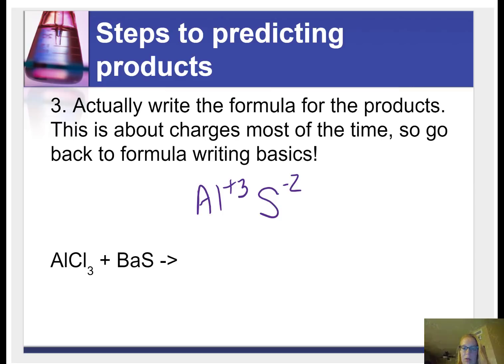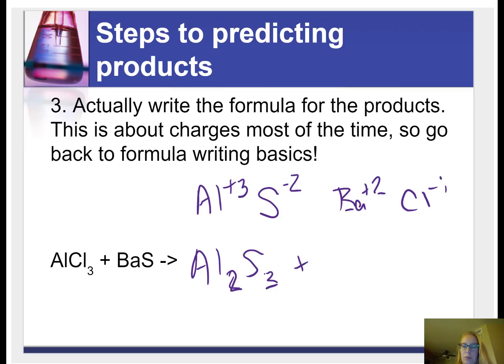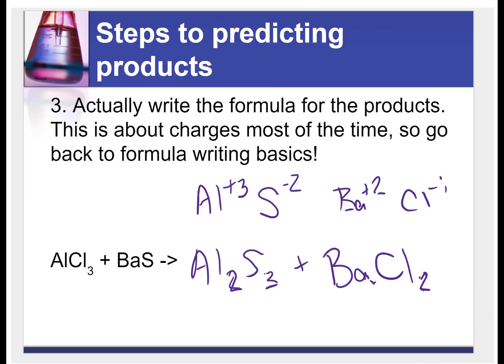So if I crisscross the charges, that leaves me with aluminum 2, sulfide 3. Oof, that's dirty. Sorry about that. And then barium has a +2 charge, and chlorine has a -1 charge. So if we put those together, I'm left with BaCl2. I think my pen's running out of juice.